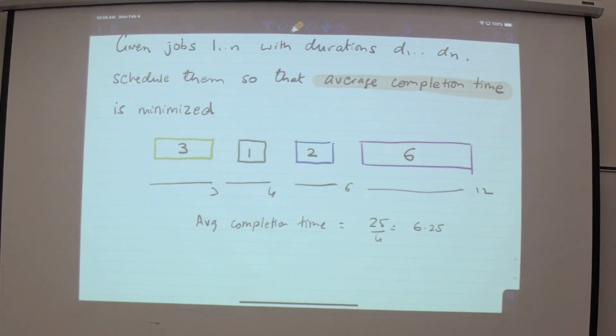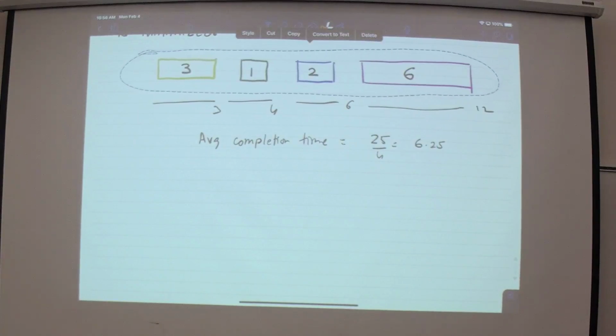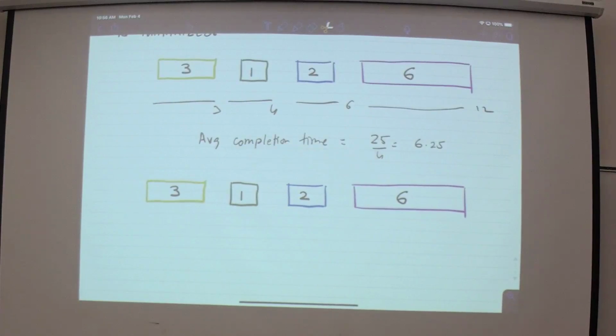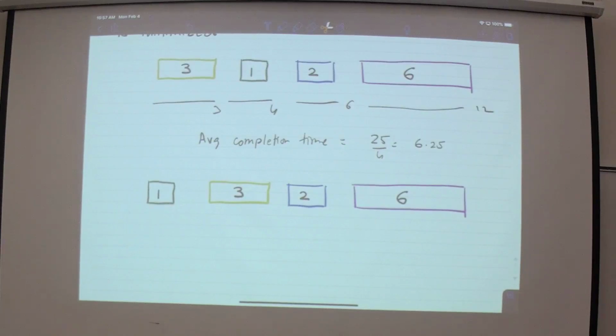So for example, what I could do is move this out, slide this up this way, and move this one here.